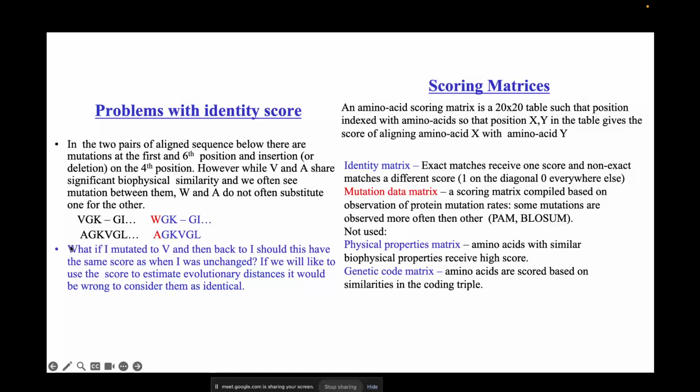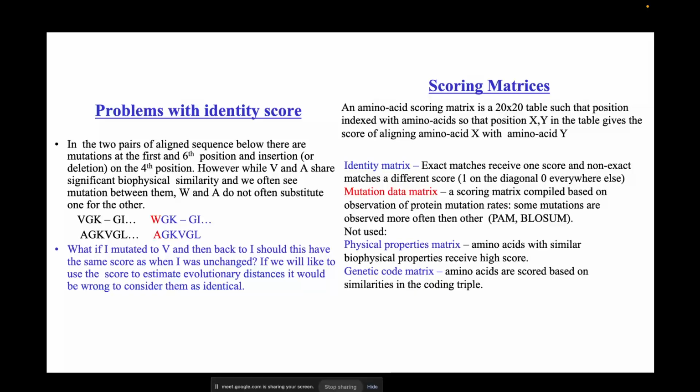So now here comes the caveat. The biological information is that even though V and A is a mismatch, chemically V and A are very similar to each other, biophysically and chemically.